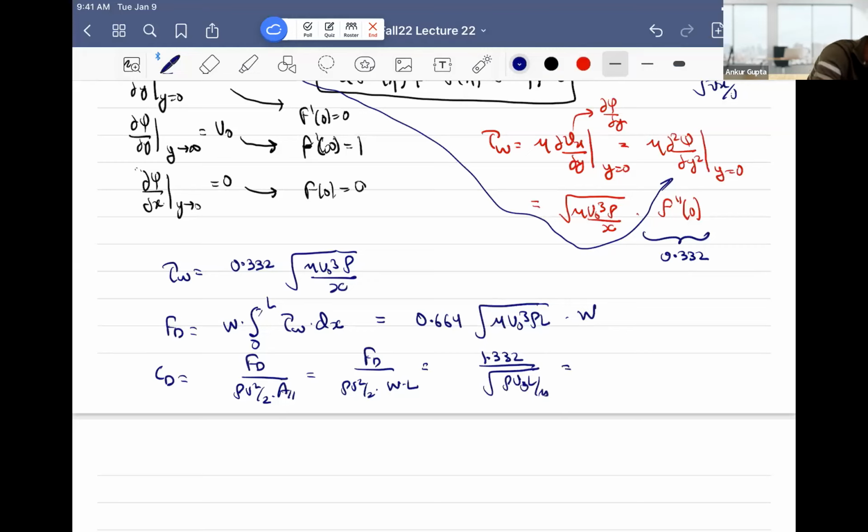Do try this; it's just a couple of steps of math, and you will do this in your homework anyway. This will be 1.332 times Reynolds number to the power of minus half. So essentially we have found the prefactors for all of them: 0.664 for the drag force, and the prefactor for the drag coefficient. Just to remind you, this is the drag force, and this is the drag coefficient.